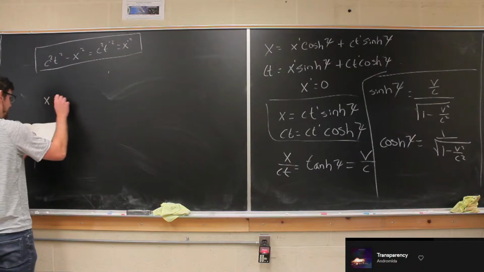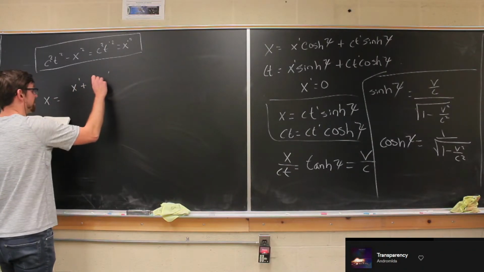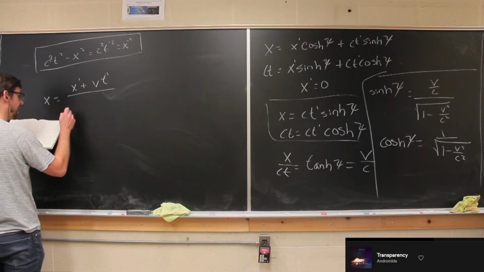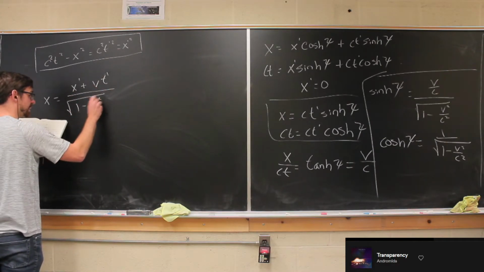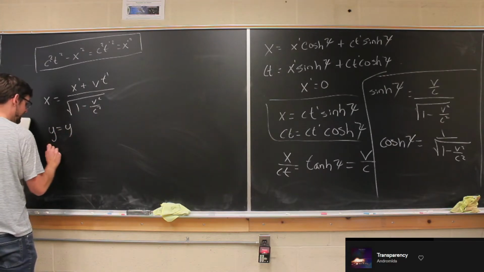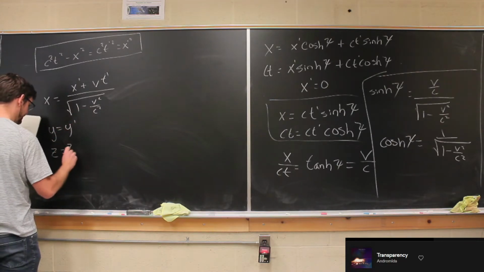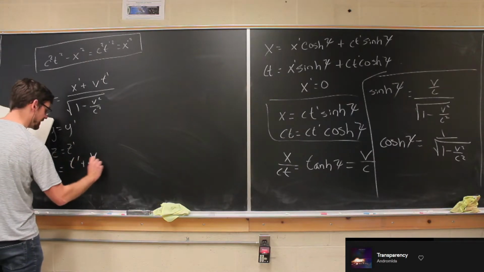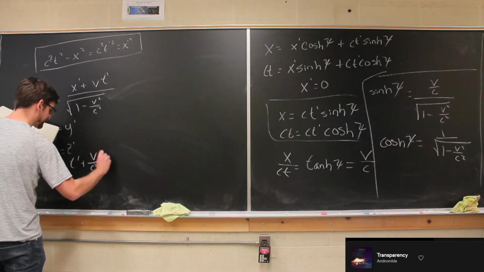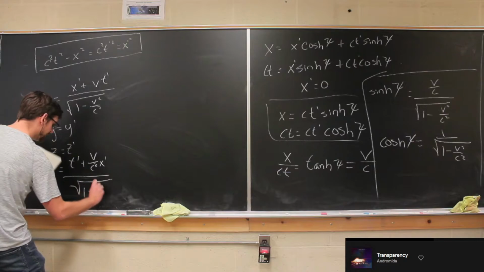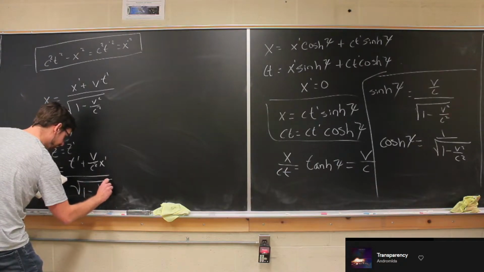Well, we get x is then going to be equal to x prime plus vt prime over the square root of 1 minus v squared over c squared. And then we have y is equal to y prime, z is equal to z prime, and then t is equal to t prime plus v over c squared times x prime divided by the square root of 1 minus v squared over c squared.